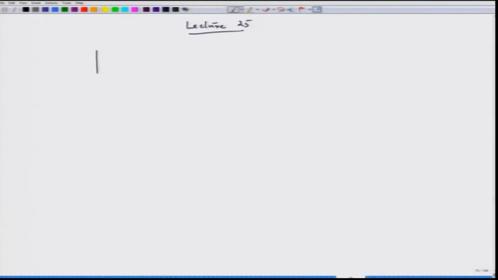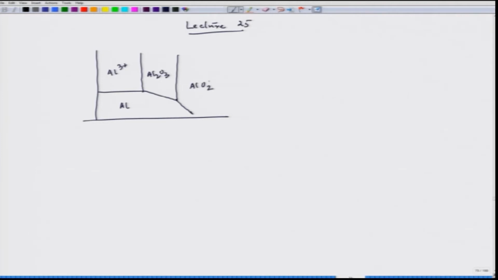The schematic phase diagram for aluminium would be this one, where this is Al plus 3, this is Al2O3 and then this becomes AlO2 minus, and this is the potential axis, and this is the pH axis.